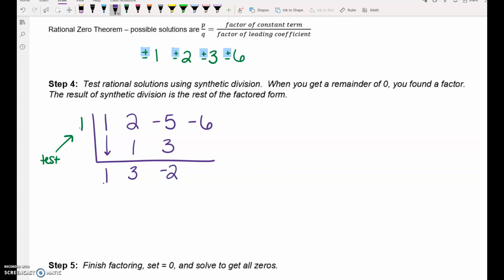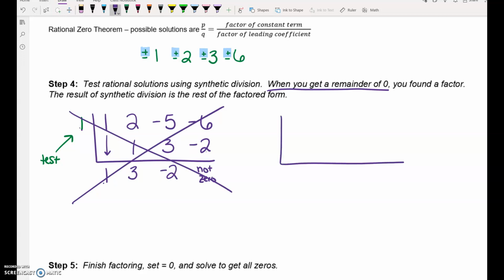Multiply to get negative 2. Honestly, I don't even care what negative 6 plus negative 2 is. Is this number going to be 0? Not 0. When you get a remainder of 0, you found a factor. You found one of the solutions. So this one's not 0. 1 doesn't work.